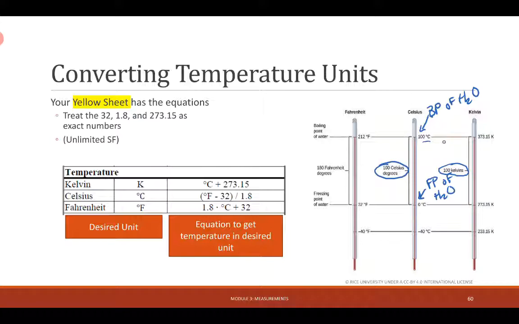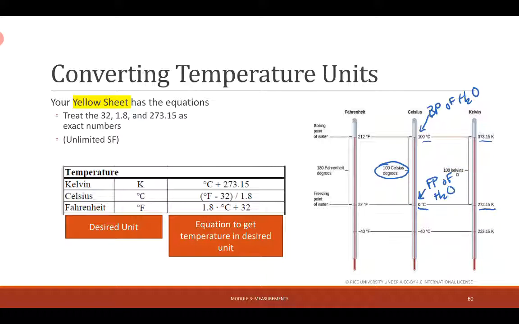They are different numerical values, but the difference between them is 100. So that means that the interconversion between Celsius and Kelvin is very straightforward. It's just an offset to where the 0 is. So Celsius to Kelvin, we just take our Celsius temperature and we add 273.15.